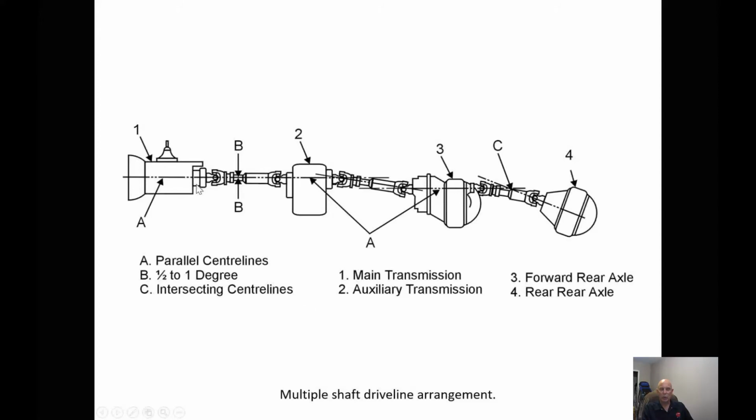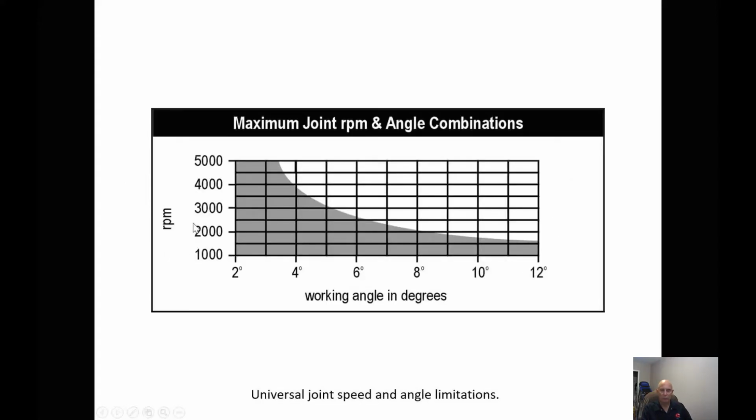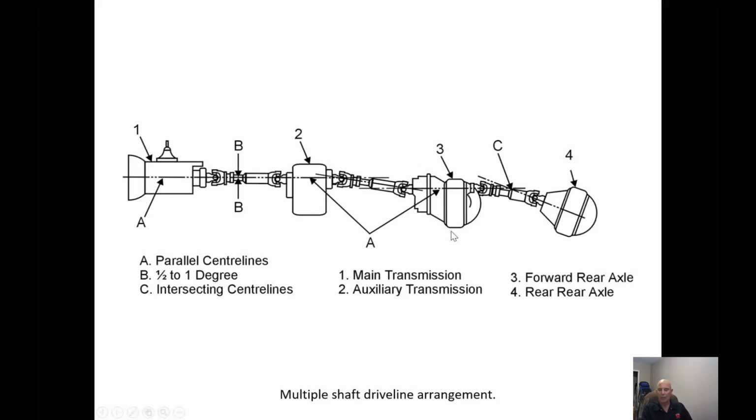When we get into compound gear ratios, or angles, what we're going to do is take the transmission, front drive line, transfer case, drive line, and front diff. So 1 and 2 with this drive line will be one set of measurements.